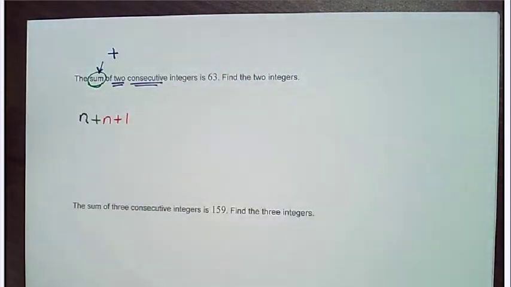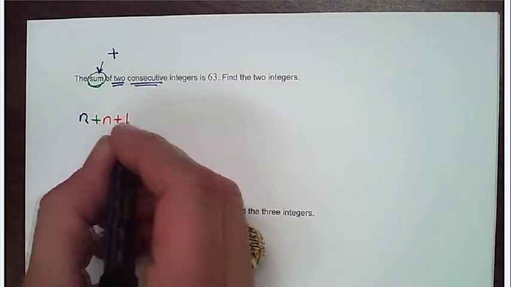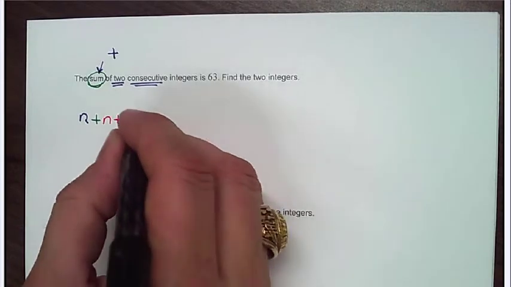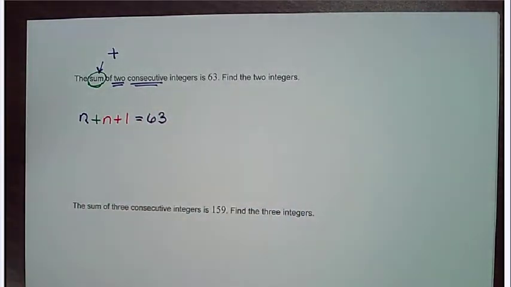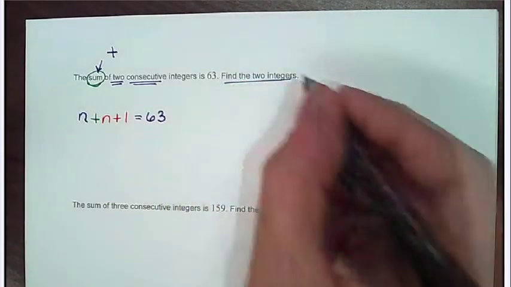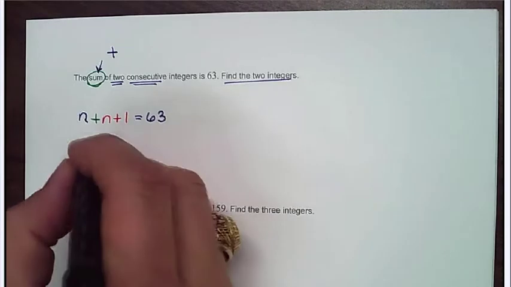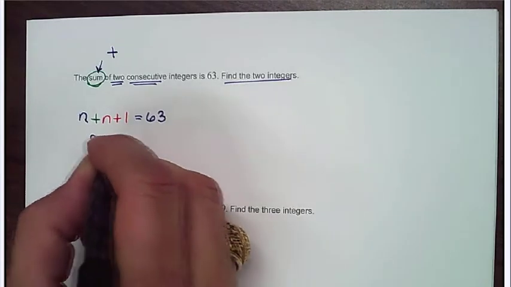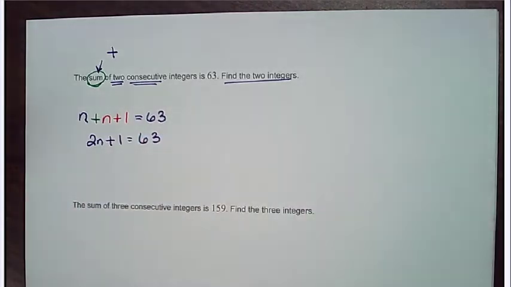So the sum is 63. So that's going to be the first integer plus the second integer is equal to 63. And I've translated that. But now we need to find the 2 integers. Well, we can do that just by solving. So n plus n, combining like terms, is going to give me 2n plus 1 is equal to 63. Now we can solve.